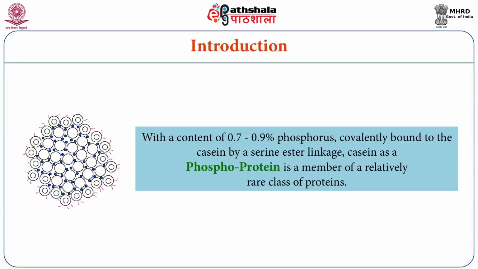With a content of 0.7 to 0.9% phosphorus, covalently bound to the casein by a serine ester linkage, casein as a phosphoprotein is a member of a relatively rare class of proteins.